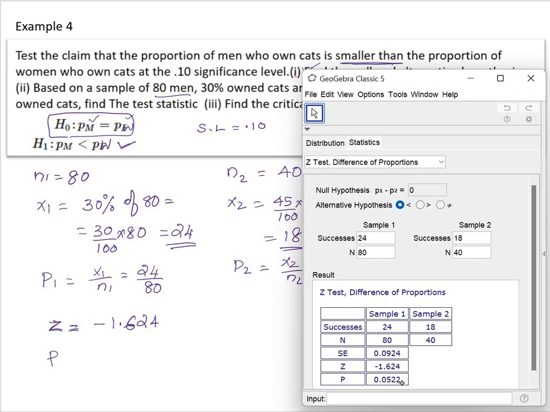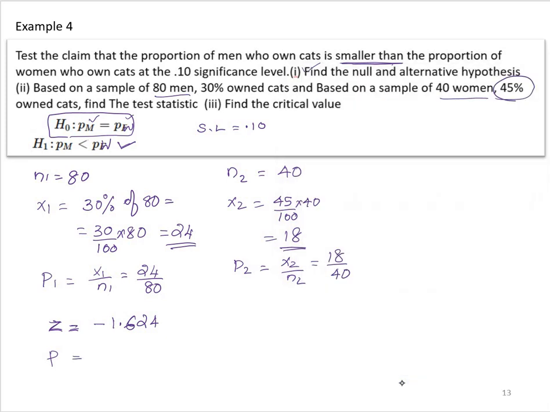P value is 0.0522. So that we can directly find out from GeoGebra. In our question we are asked to find the test statistics, so the test statistics is negative 1.64. Actually there is no need to find the P value there.